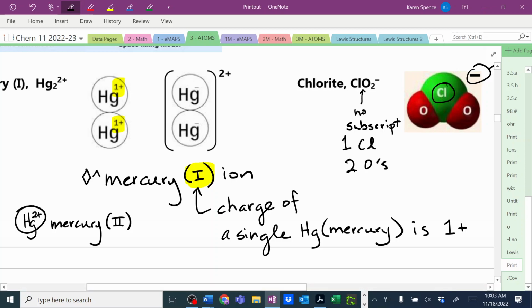Not at all. So I'm going to double black diamond those. But you'll see them a lot in the next unit, so it'll be nice to say, oh, hey, I've seen a Roman numeral before. Your brain will be like, oh, that's not completely new and different. And it means the charge.